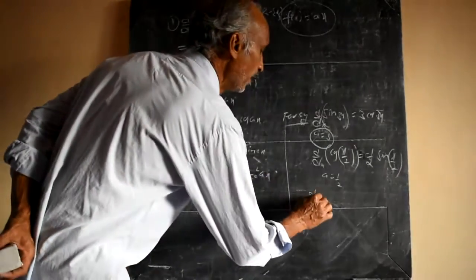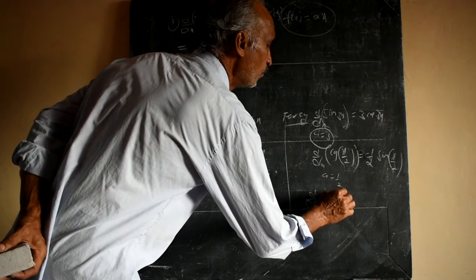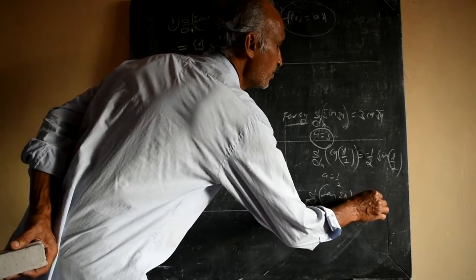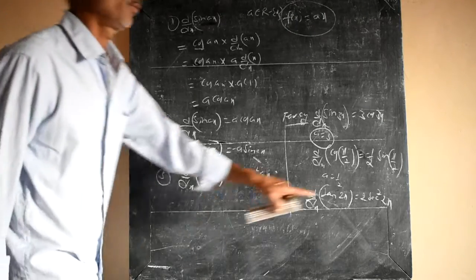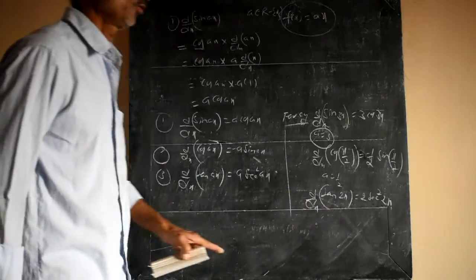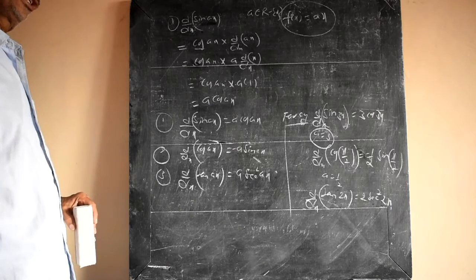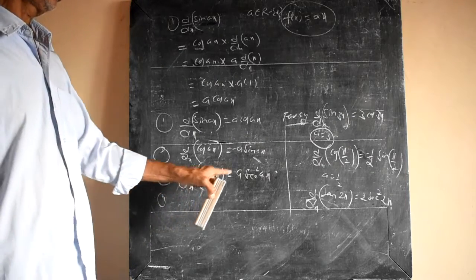For example, d by dx of tan 2x. A is 2. That's equal to 2 sec square 2x. Here it is sec square ax only, so 2 is out, and sec square x should not be taken. D by dx of tan ax is a sec square ax.